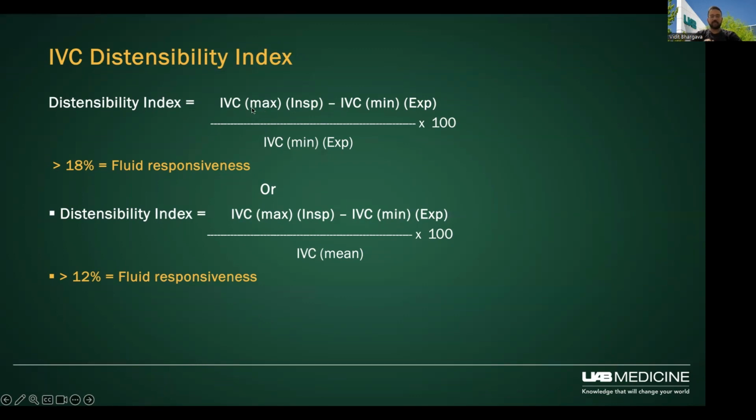One uses IVC max size minus IVC minimum size over minimum size times 100. And the other one uses the mean of the maximum and minimum size of IVC diameter. And based on which formula you use, the number that predicts fluid responsiveness is either 18% or 12%.